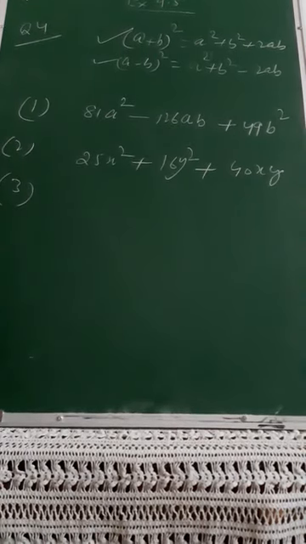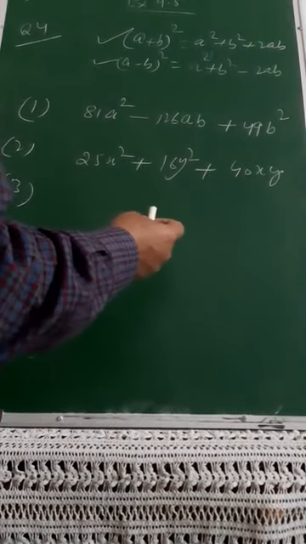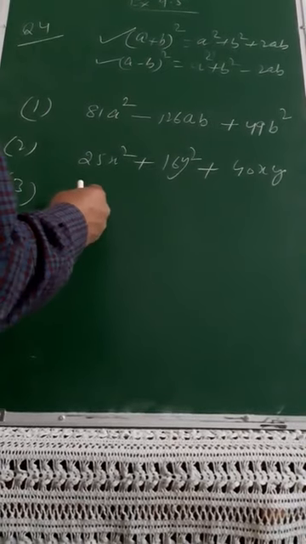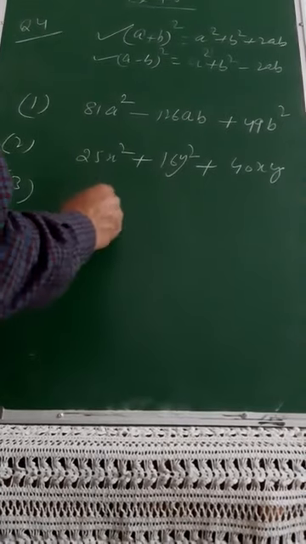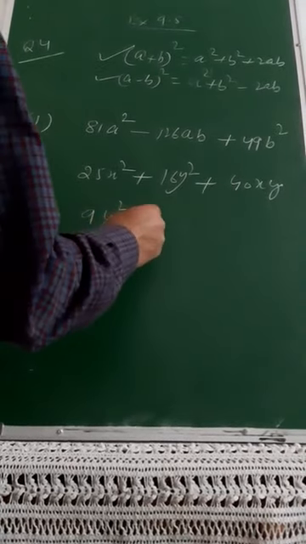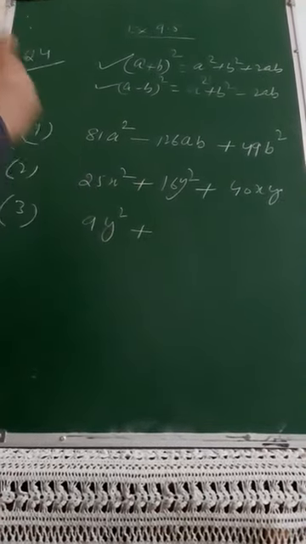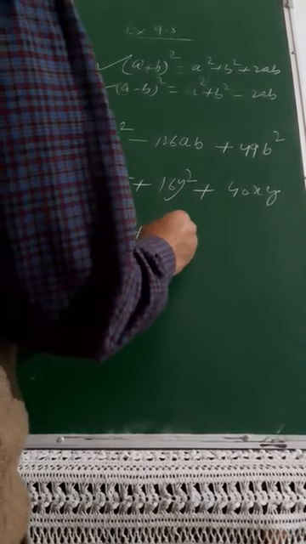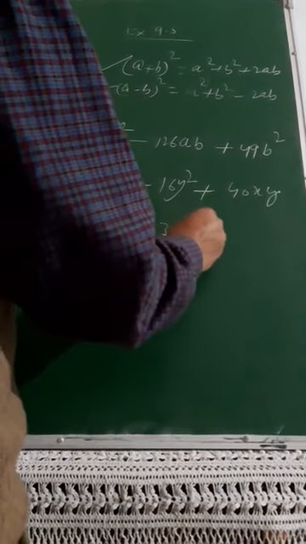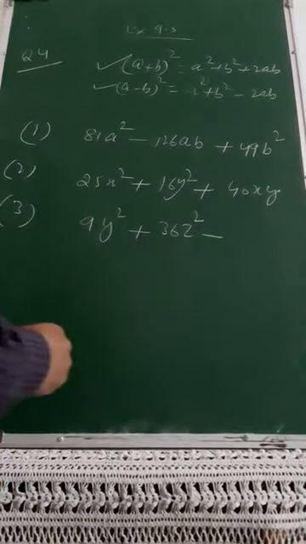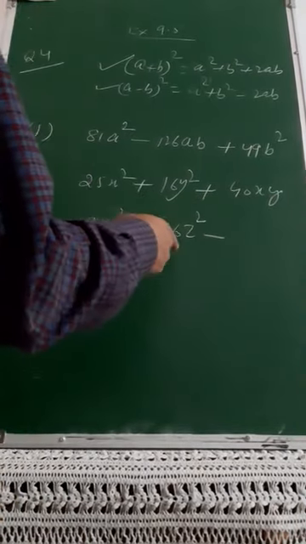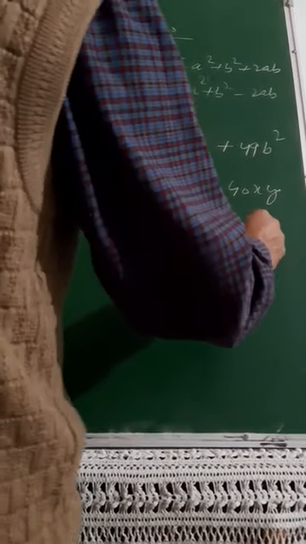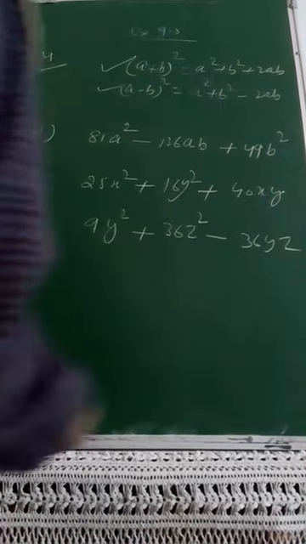Third, you can try 9y square plus 36z square minus 36yz.